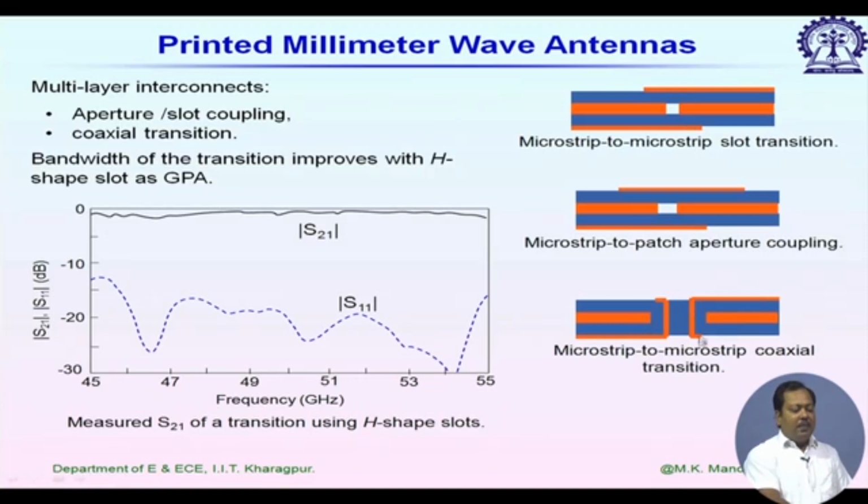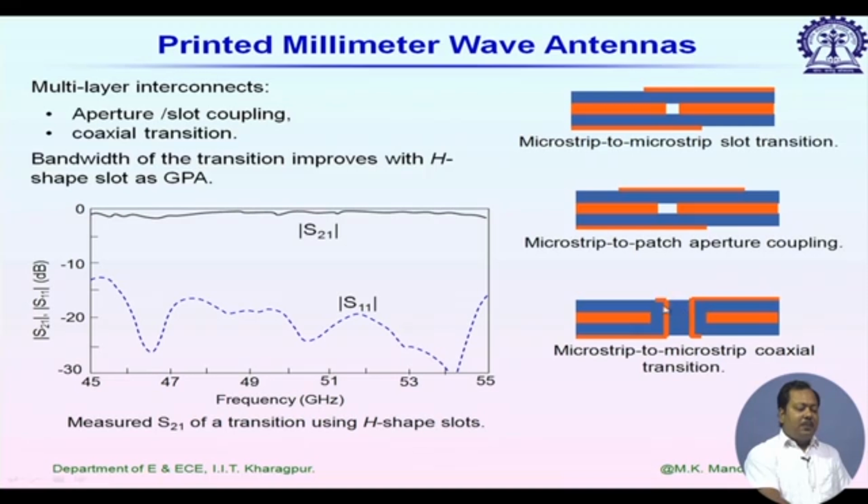In this third example, the bottommost microstrip line is directly connected to the topmost patch, or let us say we have one more microstrip line on top, by using a via metal pin. If you look at the structure, this mid layer looks somewhat like a coaxial cable.